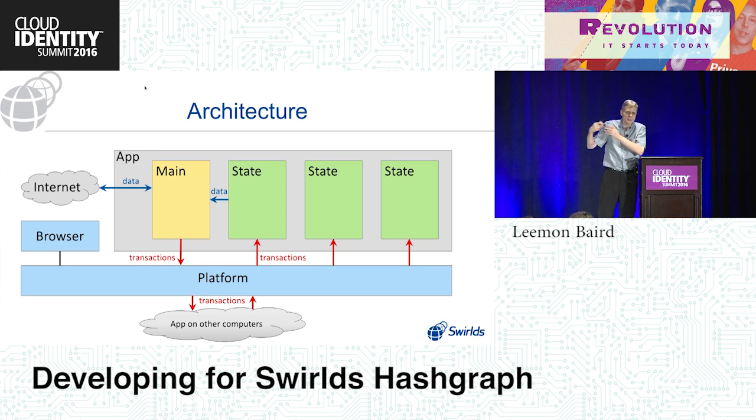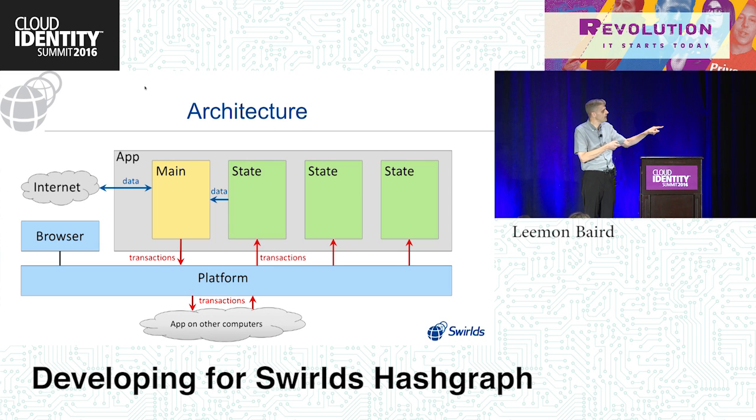Yes? So when the main calls the state, does the main get the information for each transaction about whether it is consensus or not yet, so that it can make decisions on that basis? Excellent question. The question was, does main get to learn which transactions have consensus and which don't? The main doesn't see transactions, it sees state. But the state does get told.